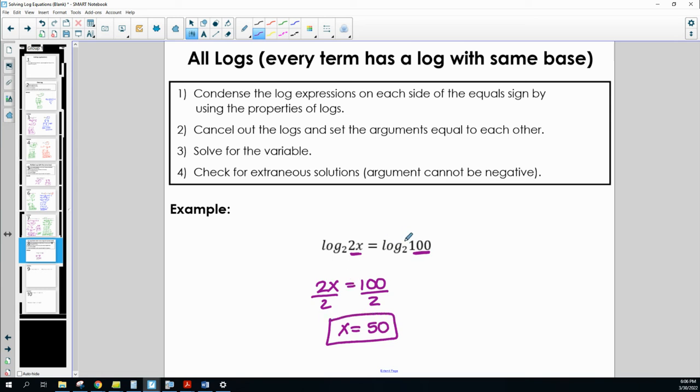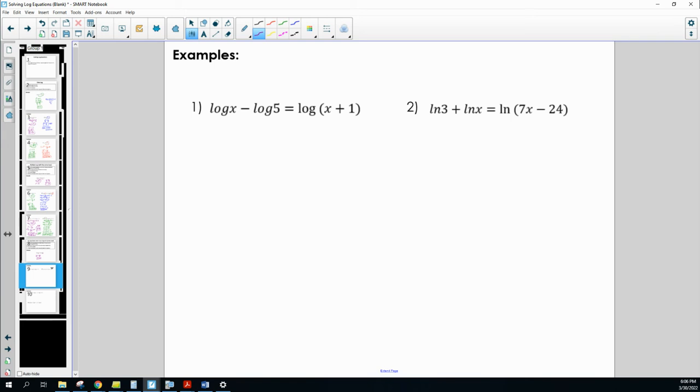Now, technically, if you wanted to subtract the log base 2 of 100 to the other side and set it to 0, and then condense the left and then change forms, you'd have 2 to the 0 power equals a fraction, and then when you solve, you'll end up with the same answer. It's a lot easier just to cancel out those logs. So we'll just look at a few more examples of this.